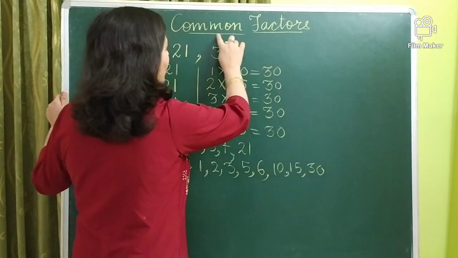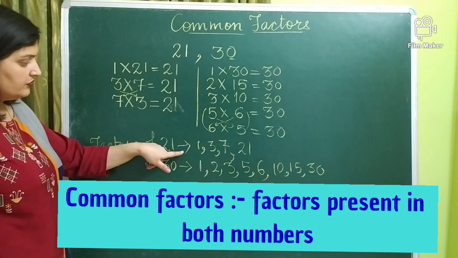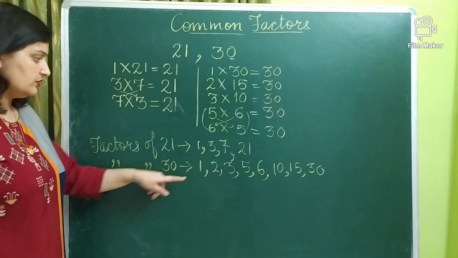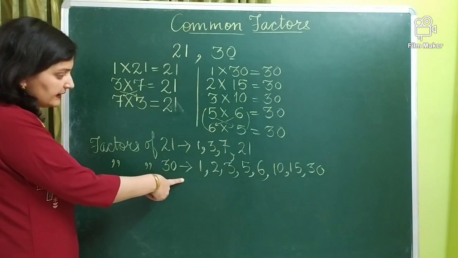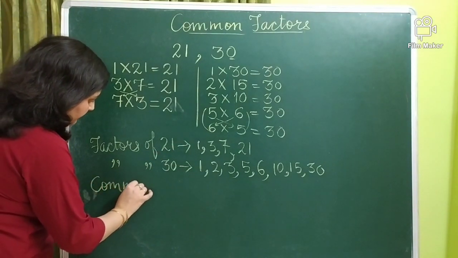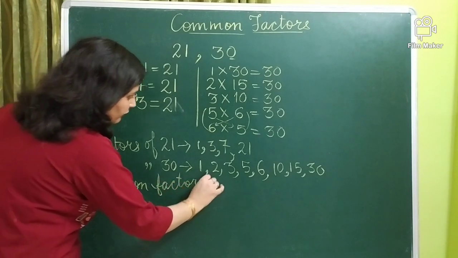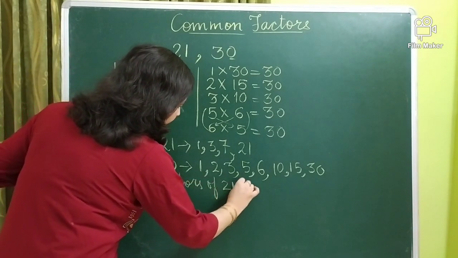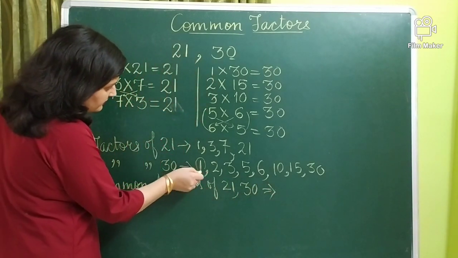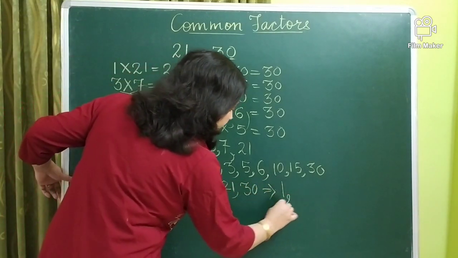So what we have to find? We have to find the common factors. Common means the numbers which are found in both the sets. Okay? The numbers that appear in both are common. So we can say that the common factors of 21 and 30 are, now look at 1. 1 is present in both the numbers, so the first common factor is 1.